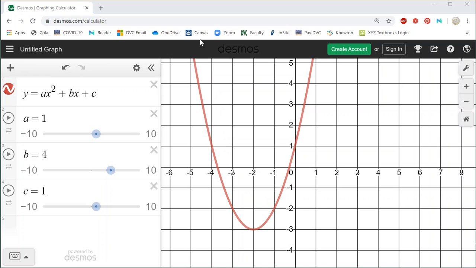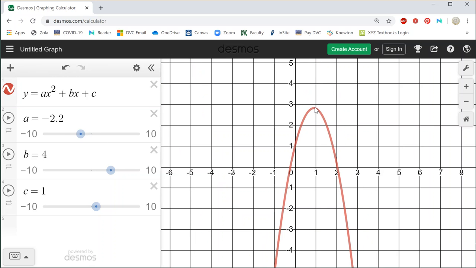All right, so the vertex is this point that is the absolute lowest point if my parabola is opening up, or if my parabola is opening down, that vertex is still that extreme point, but now it's a max. So my vertex is that ordered pair, and I want a way to find the coordinates of that ordered pair.